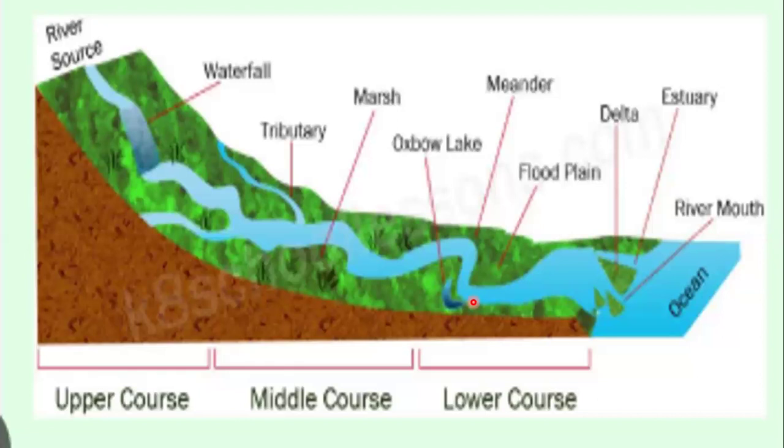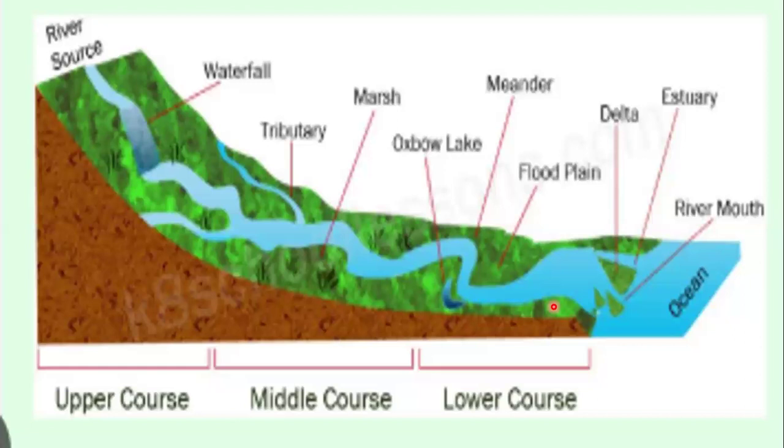Because the river is about to reach sea level. Now, in the lower course, load transportation reduces. The river is very sluggish now. In its lower course, the river does deposition only.